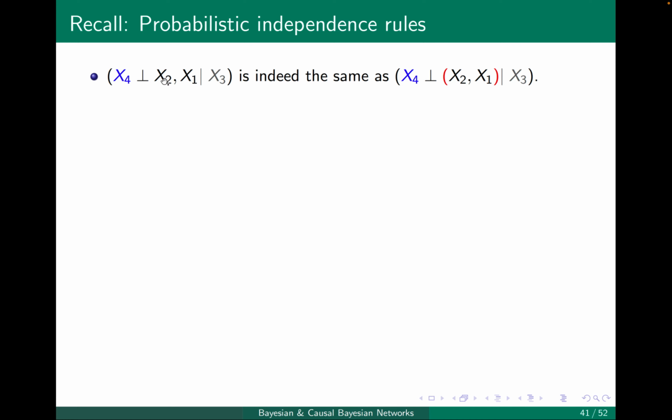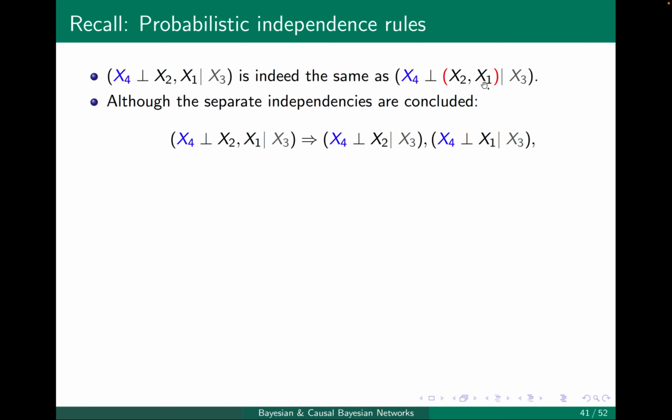This means the intersection of x2 and x1, I mean the two of them together. Now you may say, is it any different from putting them separately? Well, yes. Of course, if you have x4 being independent of the two of them, again with parentheses, you can conclude from here that x4 is independent of x2 given x3, and x4 is independent of x1 given x3. So this will be concluded. And by the way, I'm putting x3 in gray to say that it can be conditioned or it cannot be conditioned, it doesn't matter.